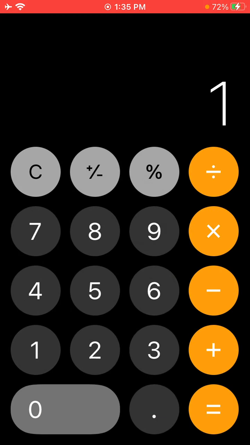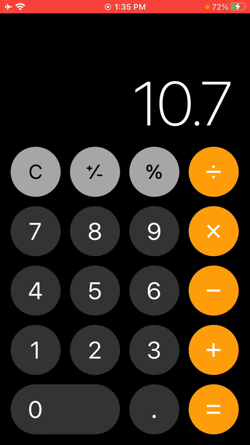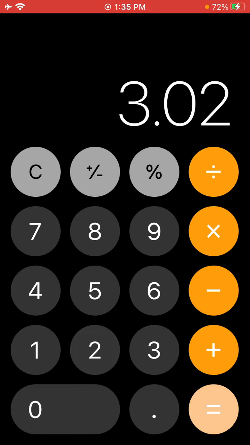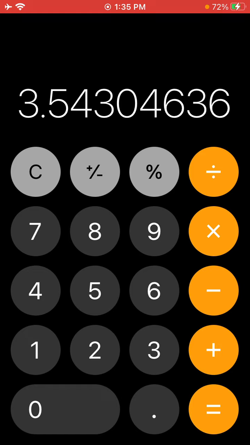We said that, so 10.7 divided by 3.02 equals 3.5.